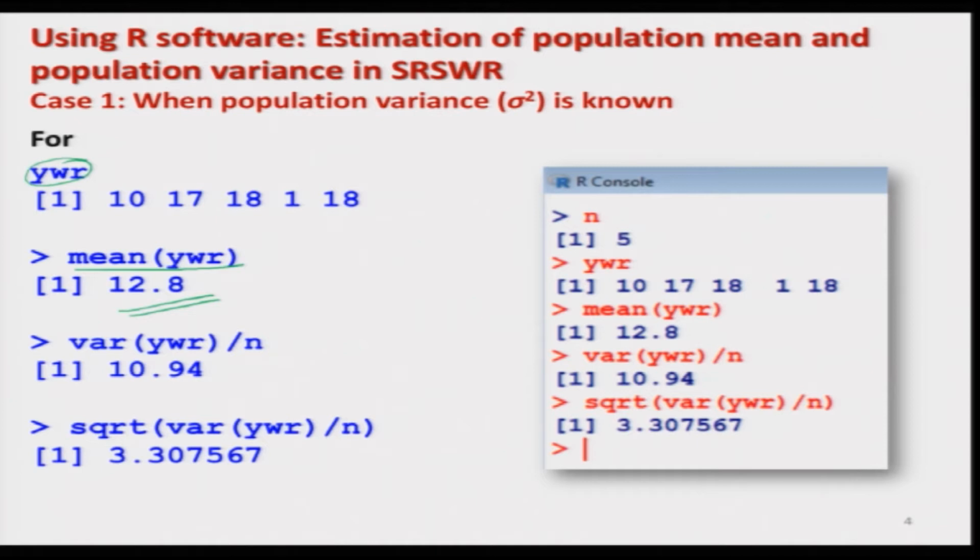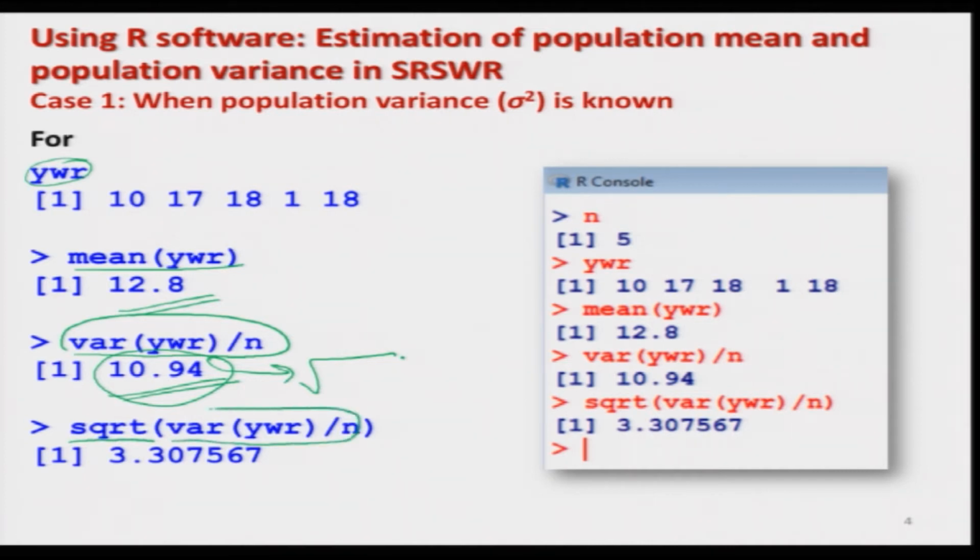To find the variance of y bar under SRSWR, you simply find variance of YWR divided by n, and this value is 10.94. If you want the standard error, you take the square root of this value, using the command SQRT of the same command. This comes out to be approximately 3.30, and this is the screenshot.